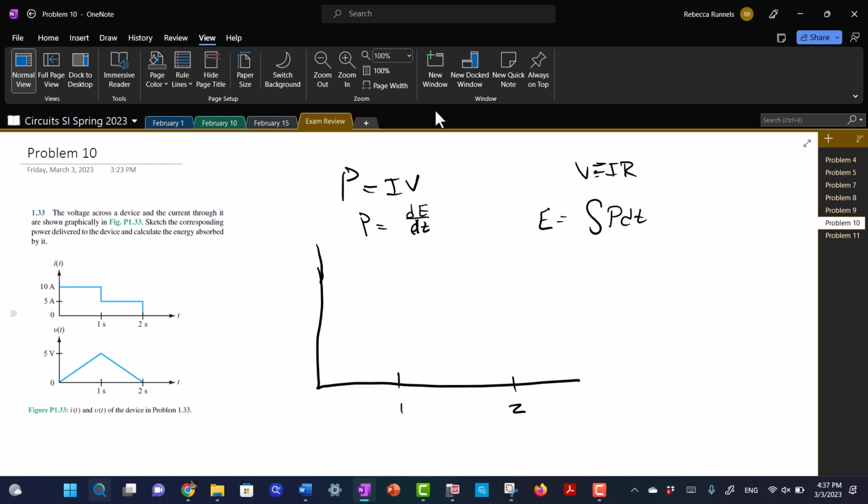So if I look at this bottom point, at t equals 0, V equals 0 and I equals 10, so power equals 0. So this is going to be power, and our units, this is amps, this is volts, so our unit will be watts.